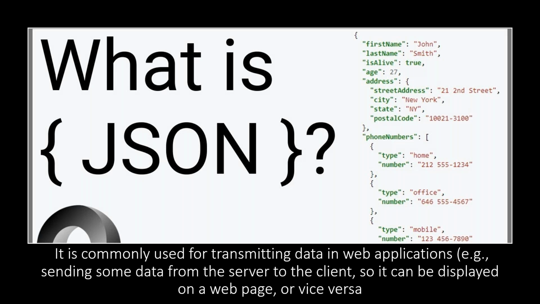Then for the front-end logic, I'm going to cover JSON also. JSON is JavaScript Object Notation. It is commonly used for transmitting data in web applications. For example, sending some data from the server to the client, and it will be displayed in the web page, or maybe vice versa.